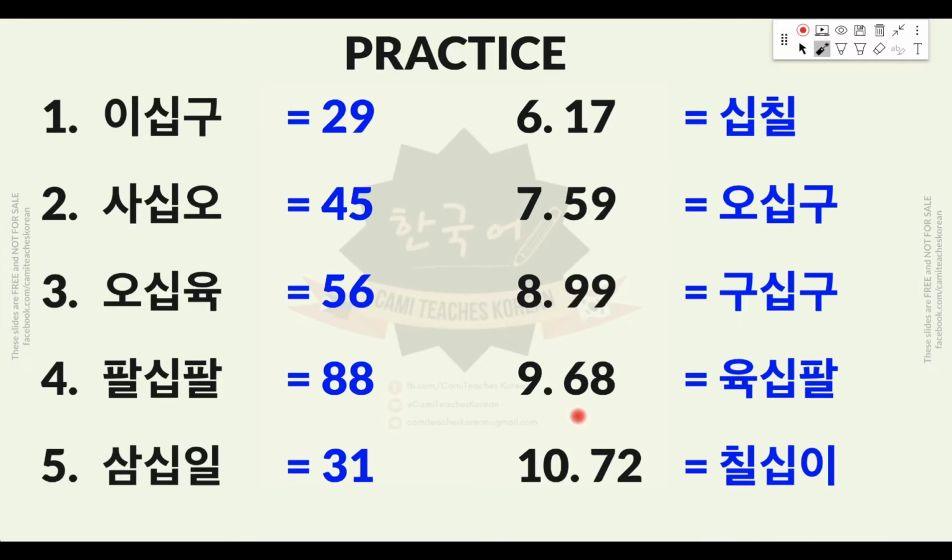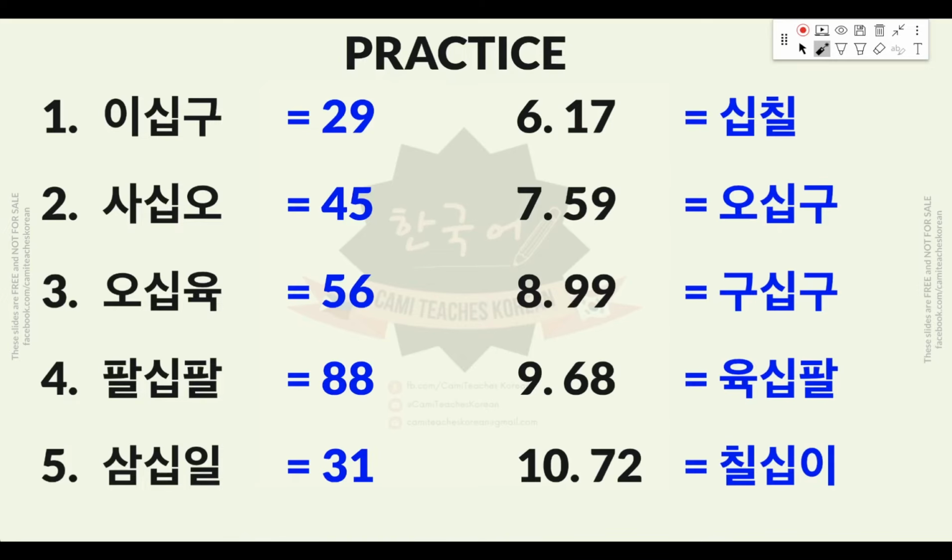Big number first, yukship. And then, last digit, pal. Yukship-pal. So, 68. And last, 72 po for number 10. Big number muna, 70. 70 and then 2. E. 70.